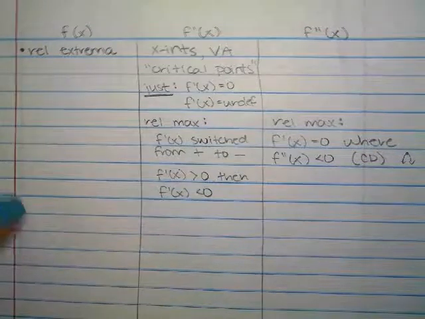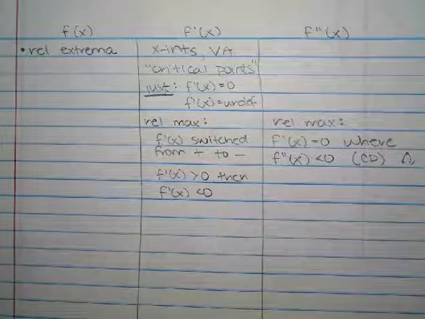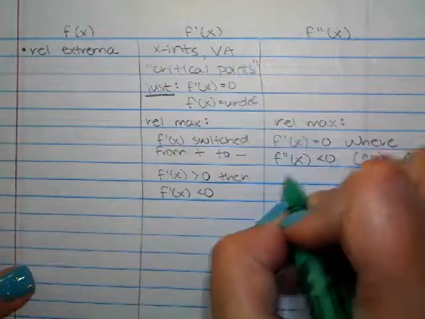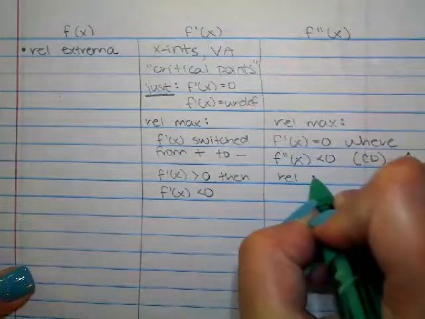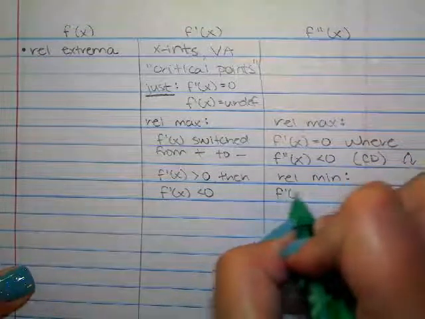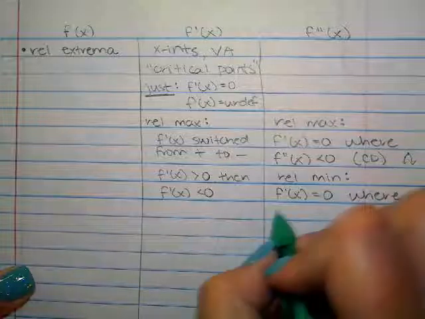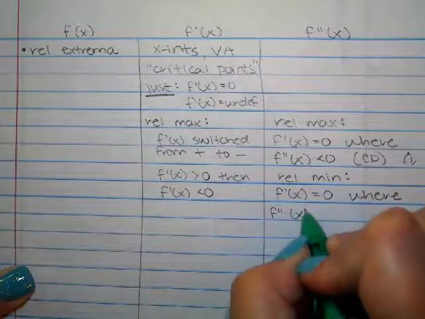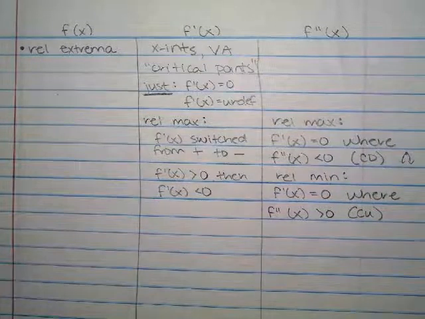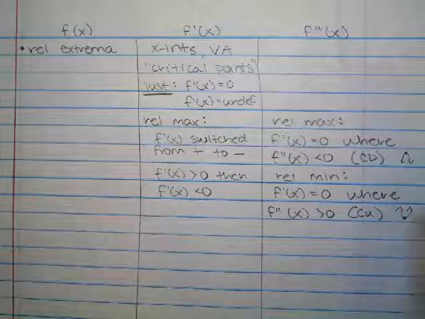So we don't do second derivative tests very often, but if we do it, it tells us about our relative extrema. Relative maximum, or minimum, I mean, if your critical point happens where the second derivative is greater than 0, where it's concave up, that's where you have a minimum. Okay?